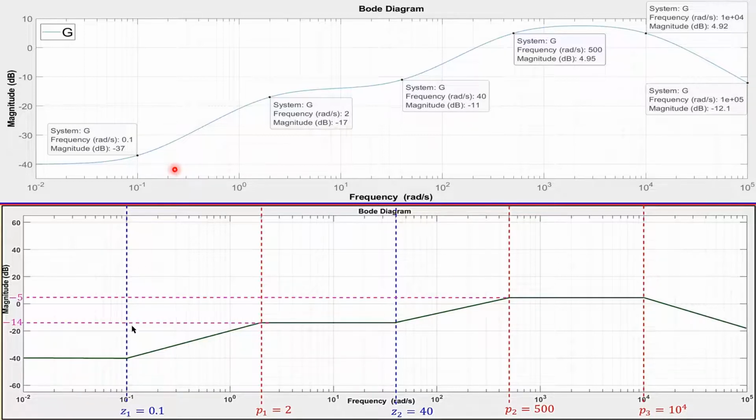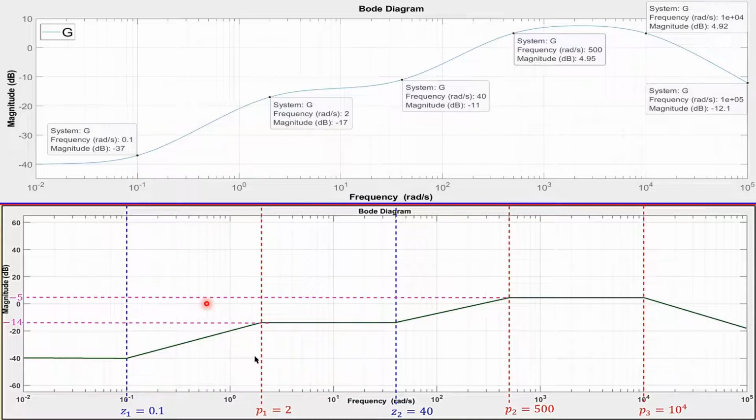The thing is, at the break frequencies, you actually have 3 dBs up for the zeros and 3 dBs down for the real poles. So that is the reason for not having minus 40, but minus 37 for this first zero.